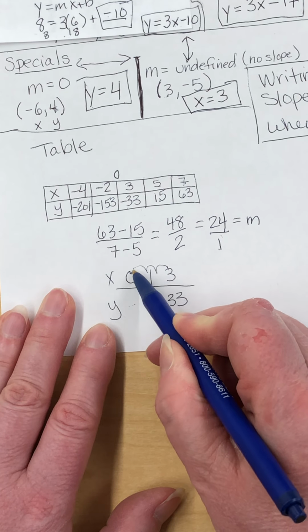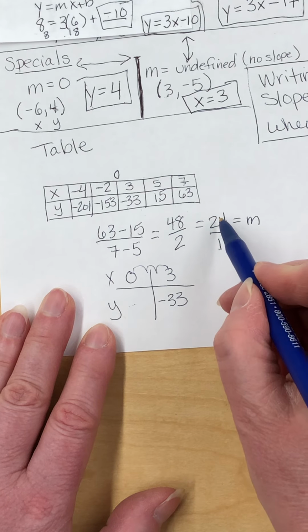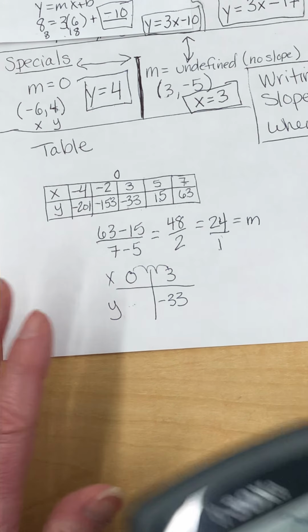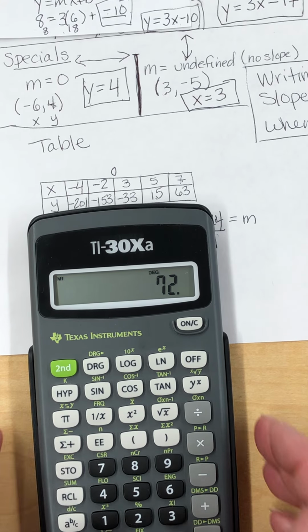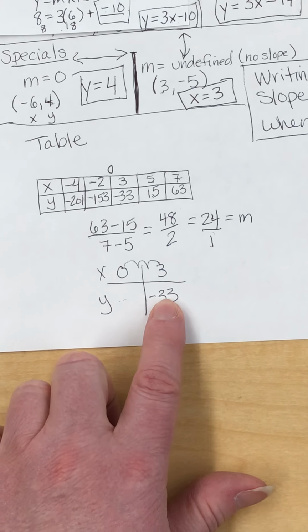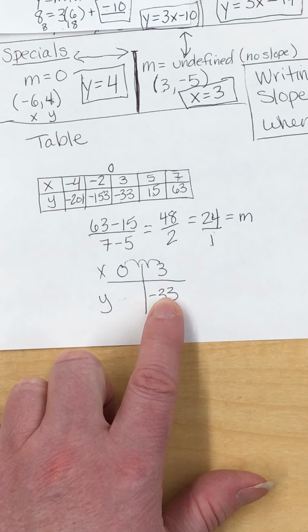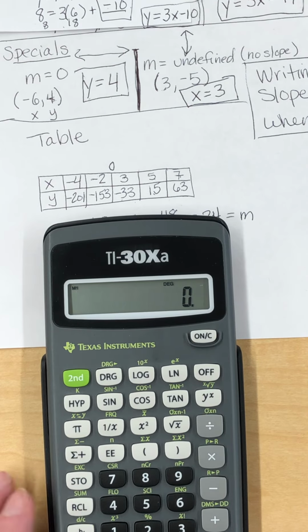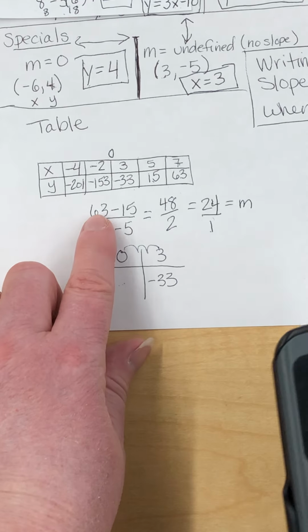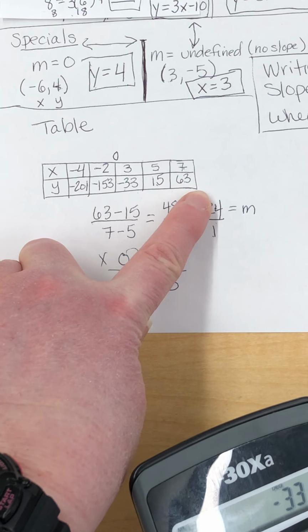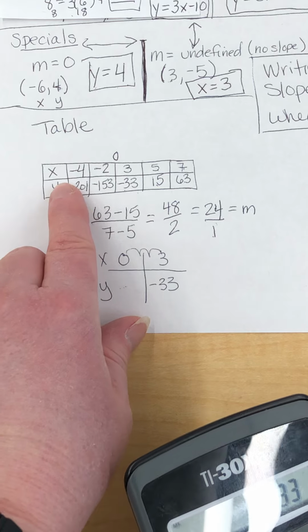How many sets of 1x are there? There's 1, 2, 3 to get to 0. That means I need 3 sets of 24. So let's do 24 times 3, which is 72. Okay, so we're going to take -33, and we're going to subtract, since we added 24 to go this direction, for each one we're going to subtract to go this way.